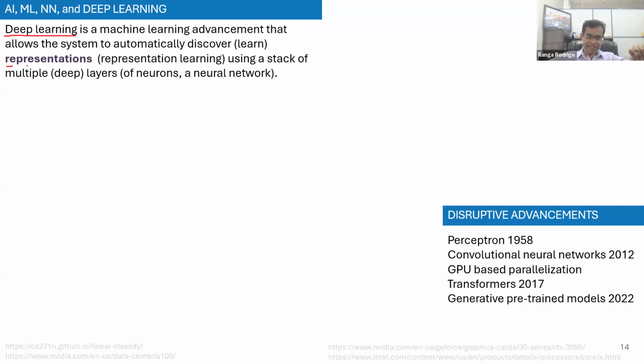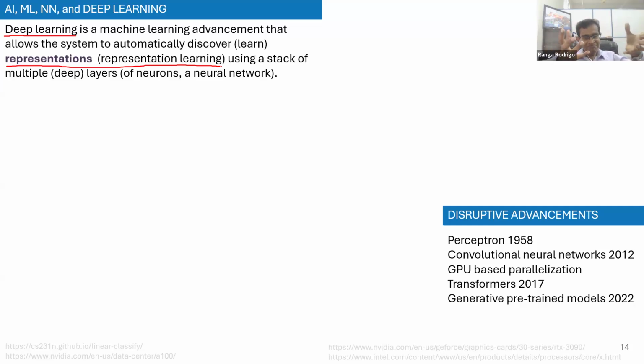We call this representation learning, using a stack of multiple deep layers of neurons, or a neural network. You can see there is a car, for example. We want to look at the image of the car and try to represent this car using a set of numbers, using a vector.